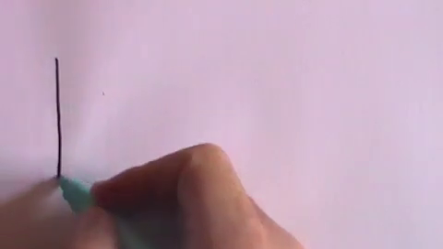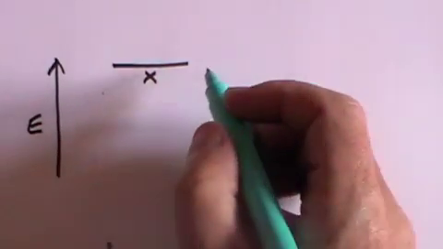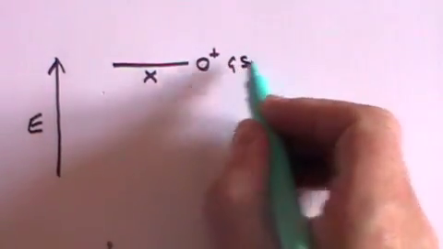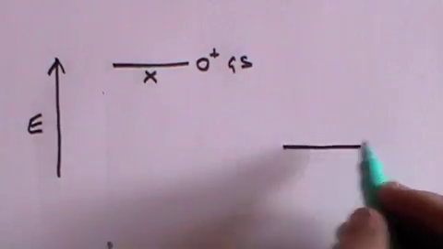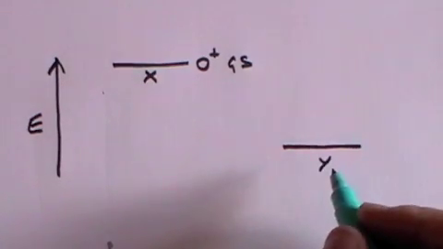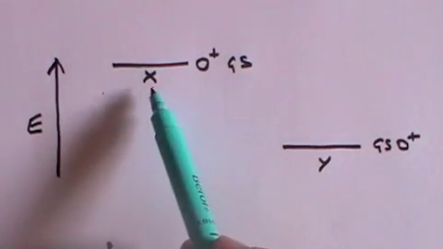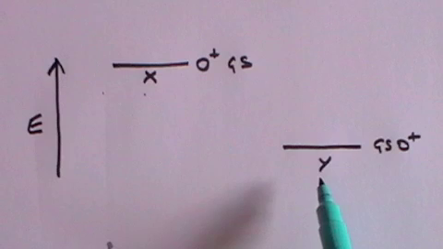And then finally, let's just look at what happens to the states of these nuclei when alpha particles are emitted. This is an energy scale. This is the X nucleus, and let us say it's an even nucleus, and it's in the ground state of 0+. When that decays, it will produce a lower energy Y nucleus, also in its ground state, and that will also be 0+, because if you lose 2 protons and 2 neutrons from an even nucleus, you get another even nucleus.